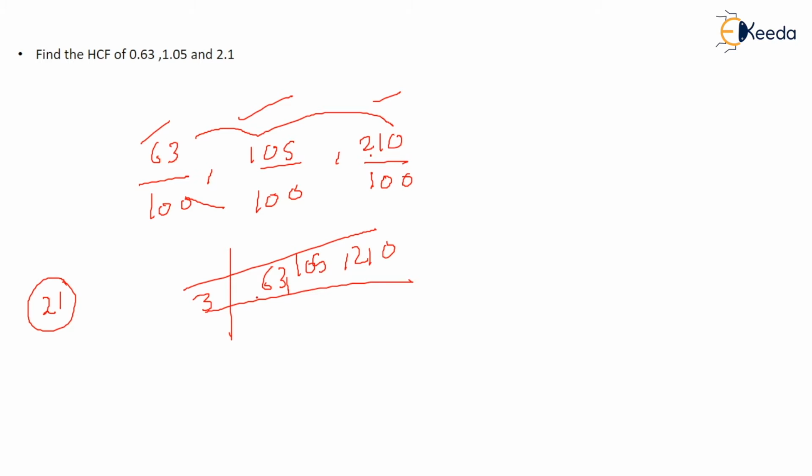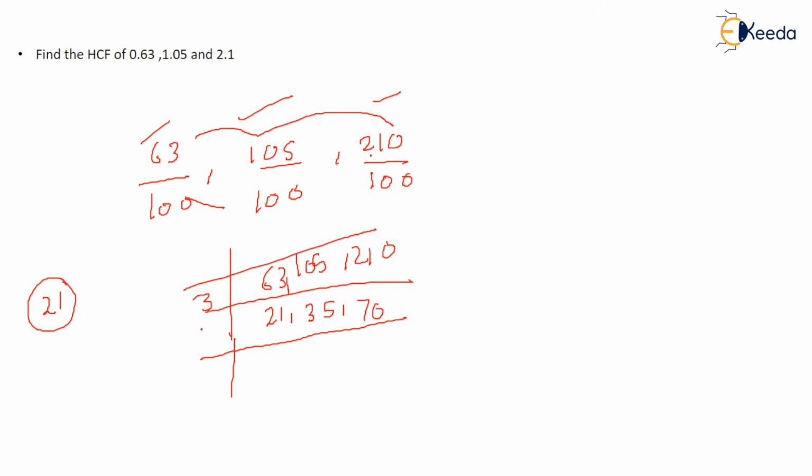After taking 3 out, 21 becomes 21, this is 35, and this is 70. After that, you find more numbers which can divide the same.